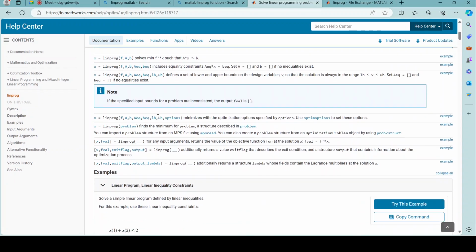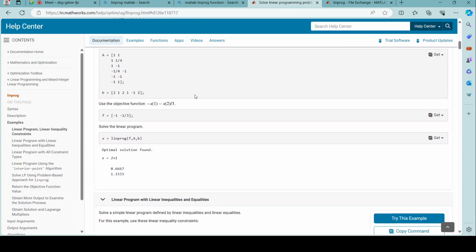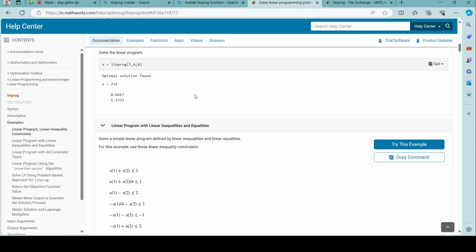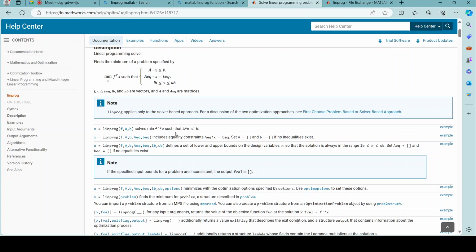So what is generally used in our case is linprog with f, A, b, Aeq, beq, lower bound and upper bound. Aeq and beq give you information on any equalities, which could be a particular value that something has to take. And f is the function that we want to optimize, f transpose times x, being solved.